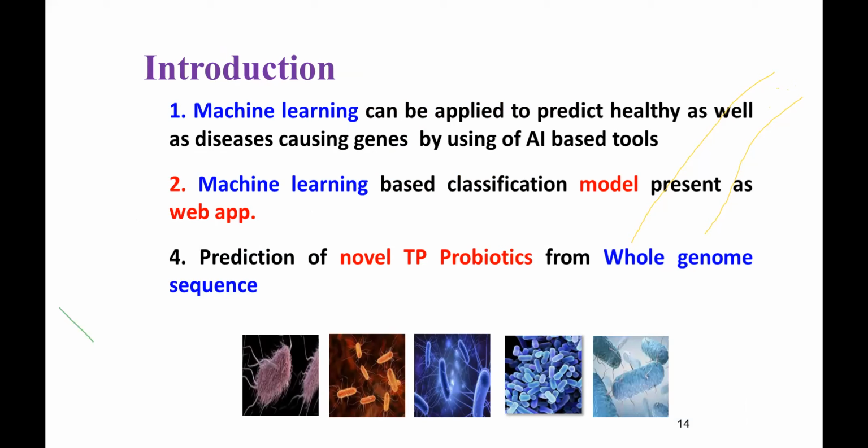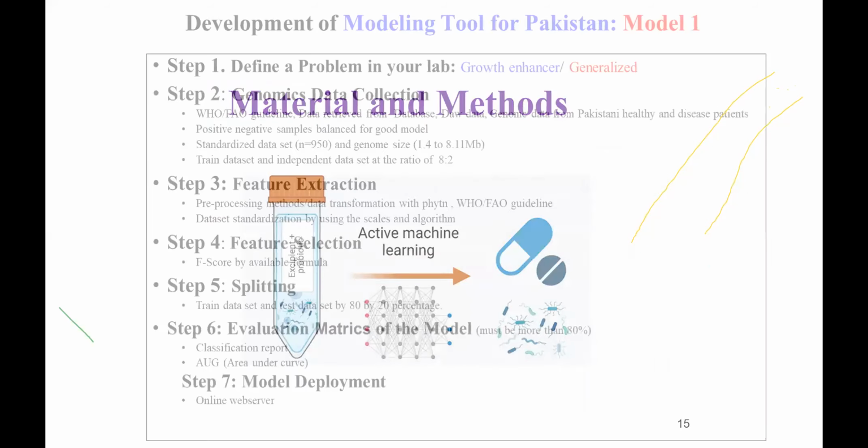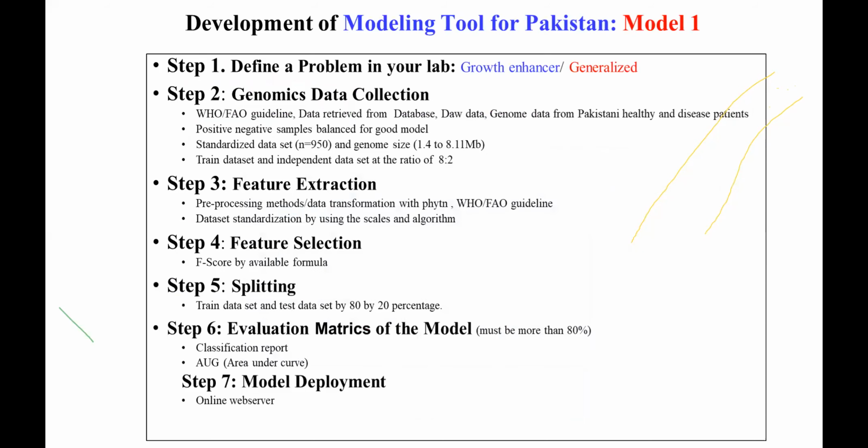You can also build a web server for your own lab or company, and then predict novel target-based probiotics from whole genome, unknown genomic data. Number one, you have to focus on this screen and follow me step by step.